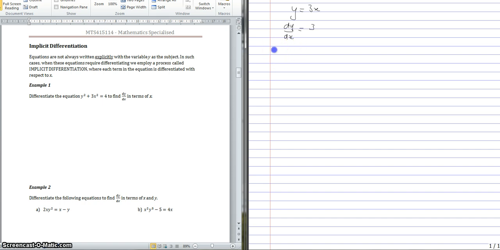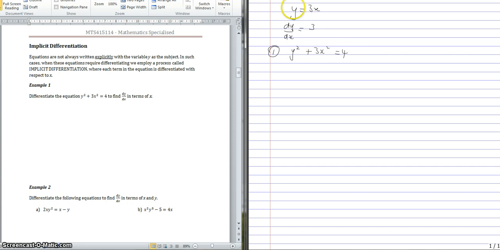So in this first example, we've got y squared plus 3x squared equals 4. Now, even this y squared term is a composite function. We've got y and it's squared.